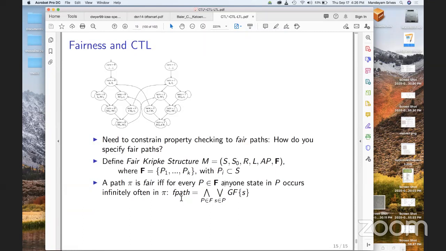So in general, a constraint that defines a fair path is something like this, because there could be several different conditions. It's a conjunction of a disjunction, where each disjunction is an infinitely often constraint. So one of the states in P1 should occur infinitely often, and P2, and so on.